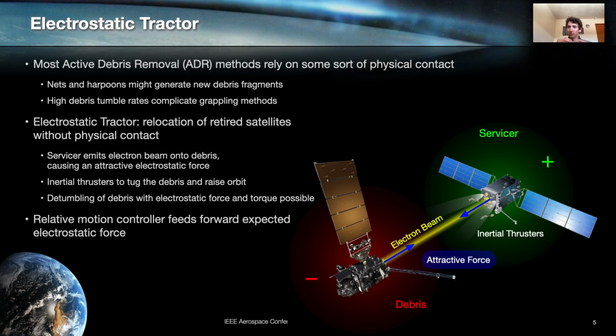As a result, the servicing satellite emits electrons with the electron gun, so it charges positively, but the electrons are accumulating on the debris, so the debris or the retired satellite charges negatively, and that results in an attractive electrostatic force that can be used to relocate that debris.